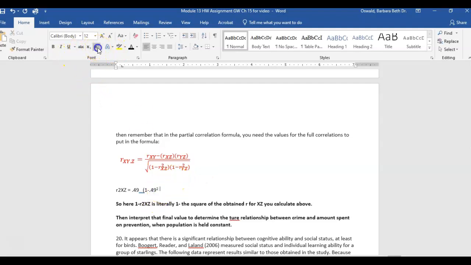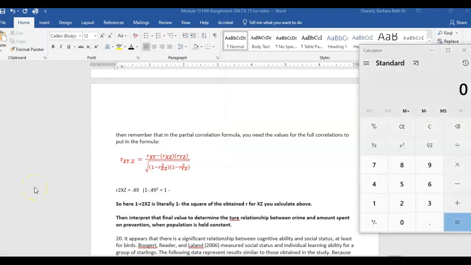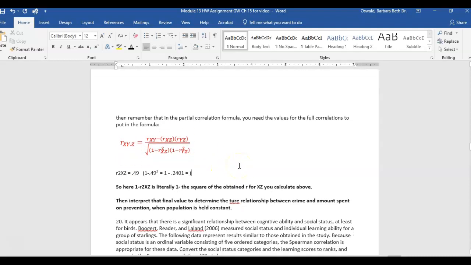Now I need my calculator. 0.49 squared, 0.2401. And then I would just do that math. So just make sure that you understand what this means, because I get that that's a little bit confusing.